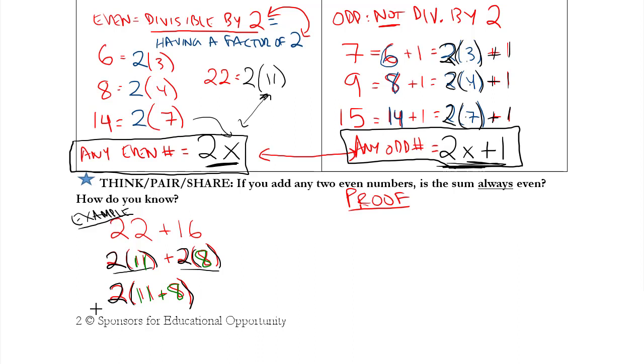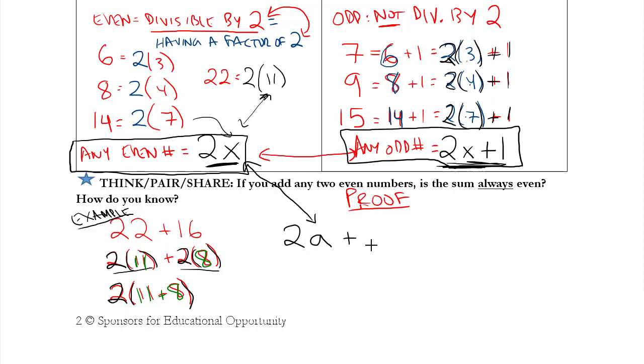So our proof is going to start with that idea, and we're going to say any even number. Well, here's one even number. 2a, right? Remember I said before, this x, it doesn't play any role, it's just a variable. So I can say 2 times a, that's an even number, if a is a natural number, a whole number. Great. I'm going to add another even number.